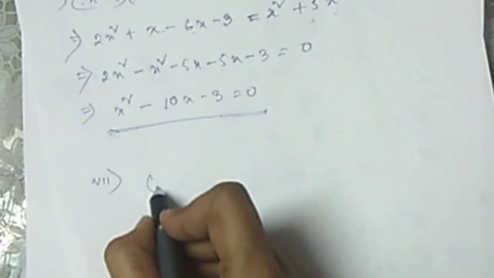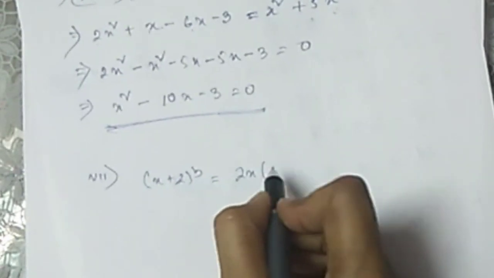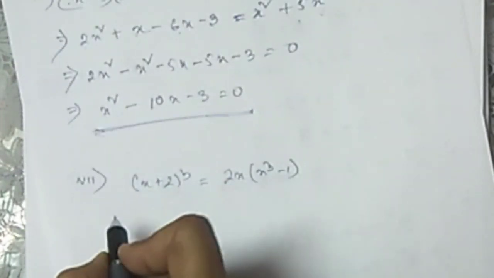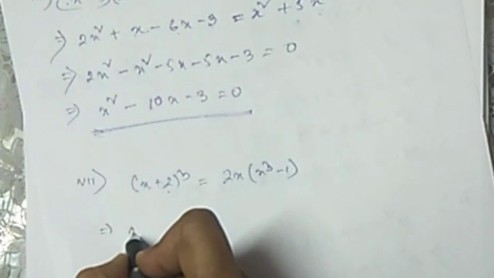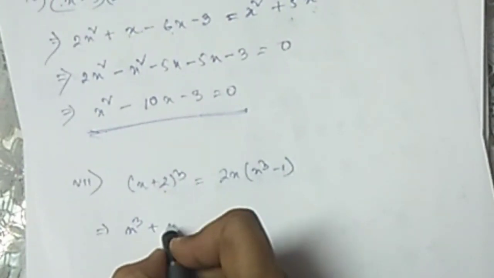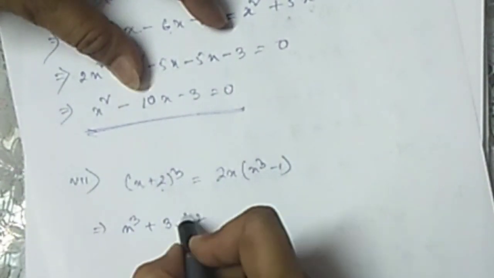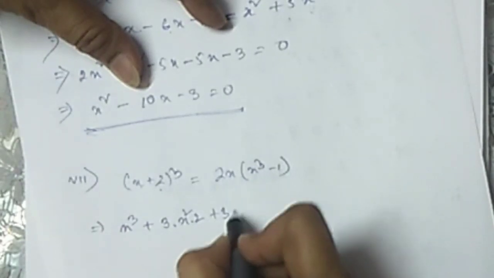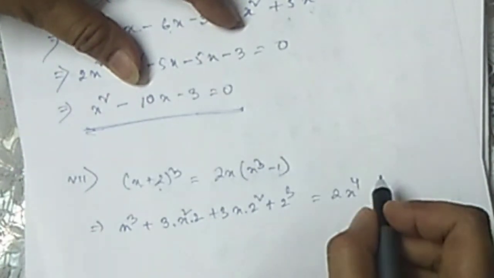It's a little bit different. (x plus 2) whole cube minus x cube minus 1... So what we do here is apply the formula of (a plus b) whole cube, a cube plus 3a square b plus 3ab square plus b cube.